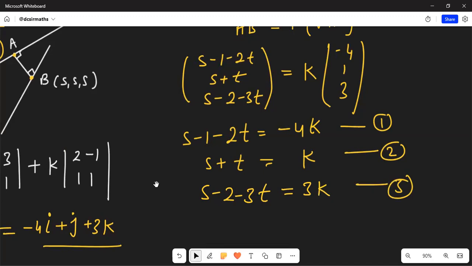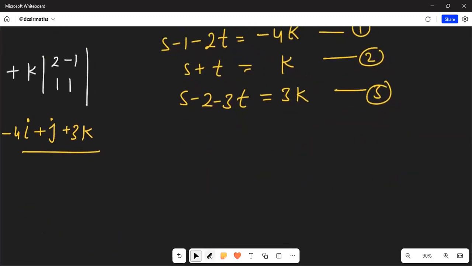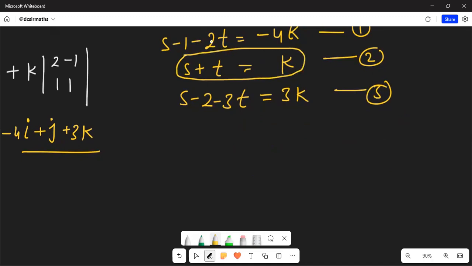So we would like to solve these three equations. In place of k, we can write s plus t. k can be replaced by s plus t, so that's what I'm going to do in equations 1 and 3.